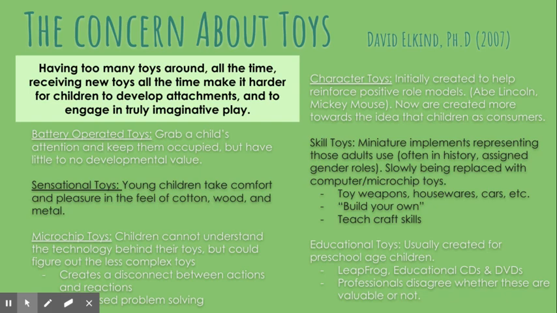Now, the next thing says microchip toys. Microchip toys are things with computer chips, which is interesting because I know that children know technology better than we do sometimes, but they really can't understand the technology behind the toys, meaning why it works. So there's a disconnect between actions and reactions.